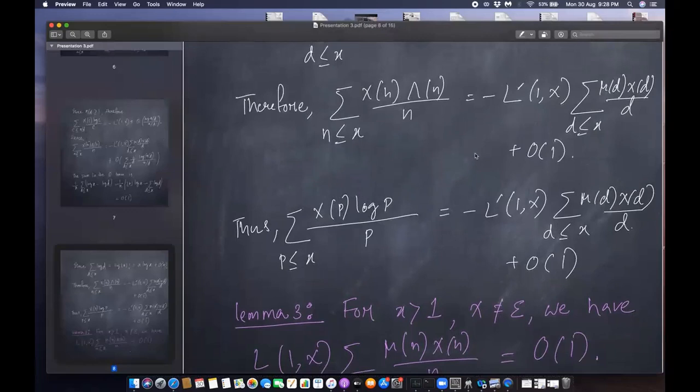These are simply manipulations of all the calculations. They are not very difficult.